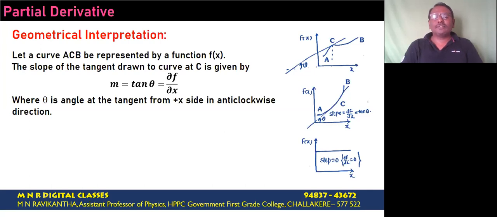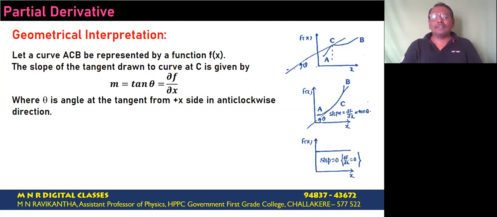Now consider the first figure. Let the curve ACB represent the point function geometrically. If we draw a tangent to the curve at C, then that tangent makes an angle theta with respect to the x-axis.